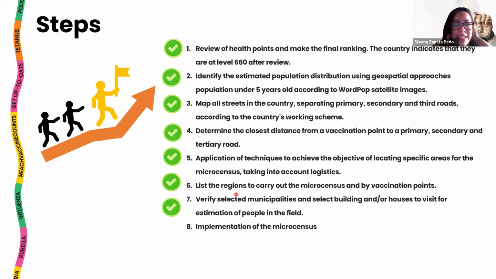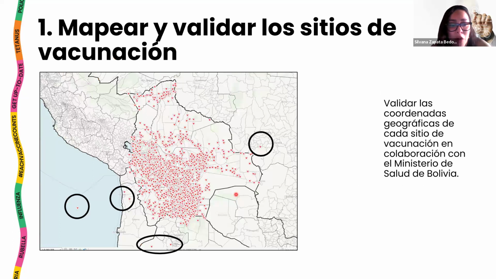They calculate the distance between the vaccination points, and additionally apply specific techniques to put together vaccination points, rates, density, vaccination, and population. For example, this is the vaccination point and the correction for these points, because vaccination in DC is not possible, and in the other countries it is not possible.